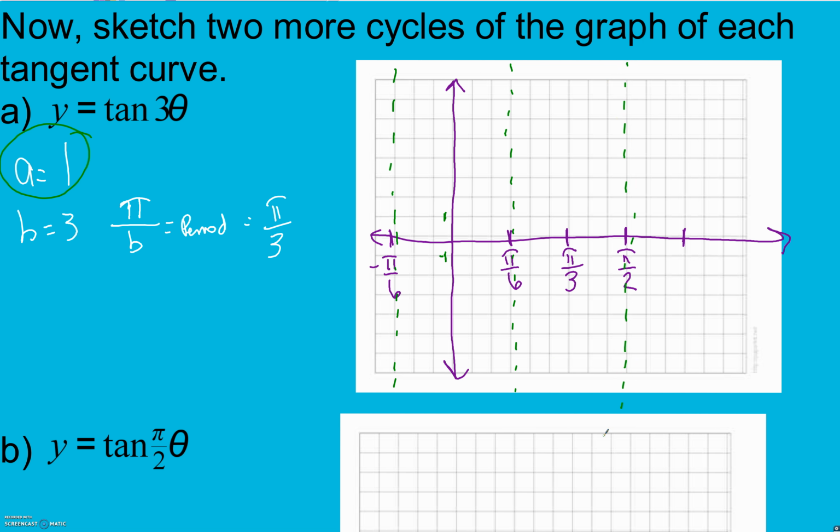Our points between 0 and our asymptote, halfway in between, are at negative 1 and 1. Then we connect the dots. I missed that one, but pretend I went through there. So kind of like that.